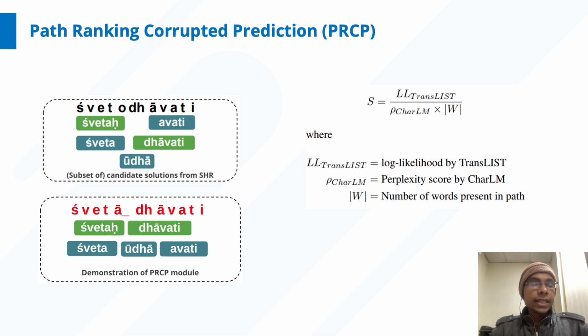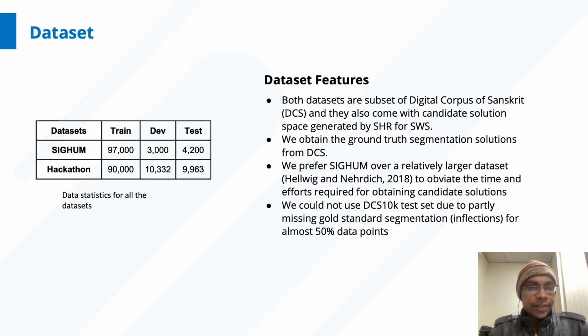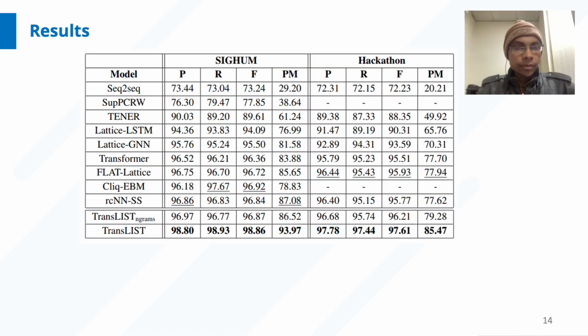In case the model predicts an incorrect word, we enumerate all the possible solutions, and the solution having the maximum score from our scoring function is labeled as the correct output from our model. We evaluate our system with available benchmark datasets.